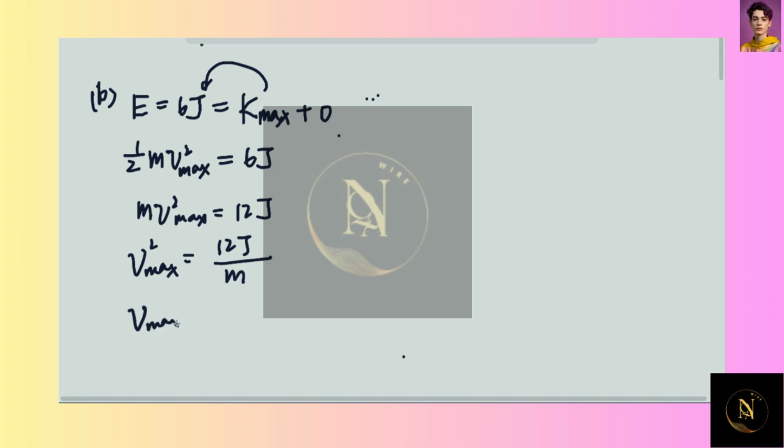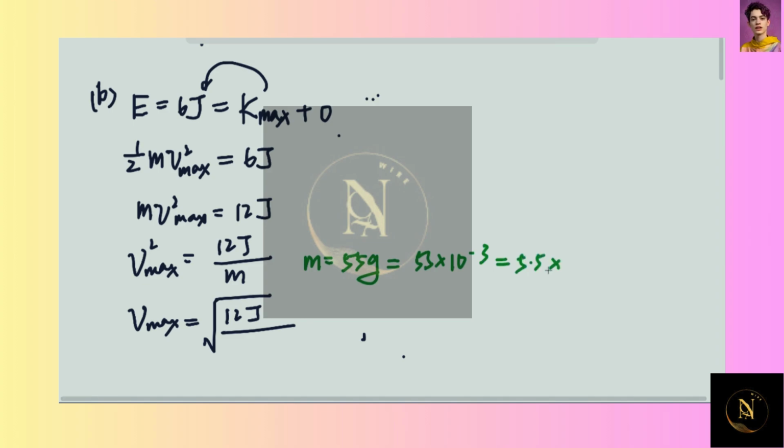So v max equals the square root of 12 joules over m. We need to do a conversion here because m equals 55 grams, but the only unit we should use here is kilograms. So it's going to equal 55 times 10 to the negative 3, which we can also write as 5.5 times 10 to the negative 2 kilograms.